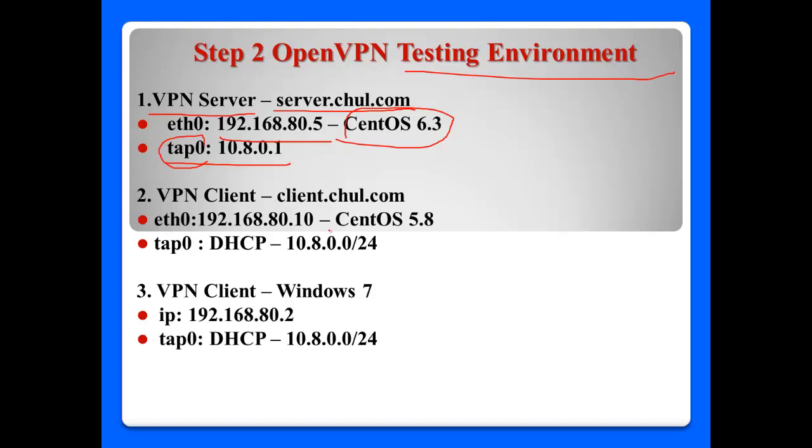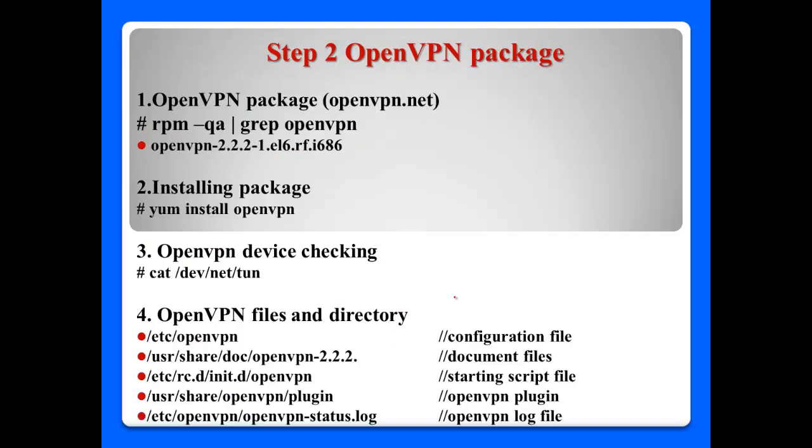VPN client number 2 is CentOS 5.8, and it will have this IP address, and tap0 will get the IP address using DHCP from this range of network mask. And number 3, VPN client Windows 7 will also have this IP address, and will also get this IP address using DHCP.